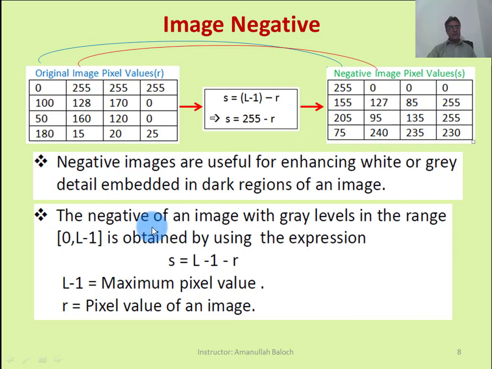It is obtained using this expression. L-1 is the maximum pixel value and R is the pixel value of the original image. These values are represented with R, while S is the target image, the negative image pixel values.